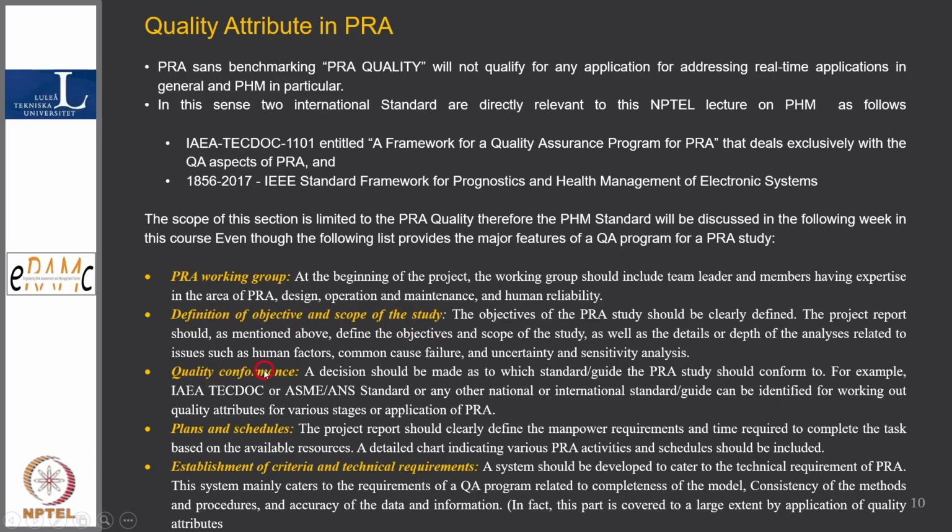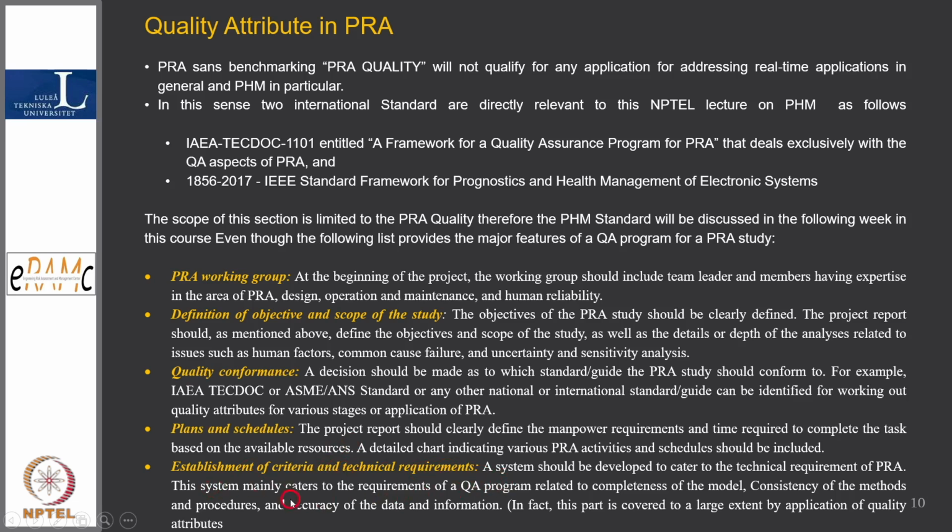Then quality conformance: how far the quality conformance program has been met for which system, which component. The IAEA tech doc and ASME tech doc which you saw in the previous slide are available. Plans and schedules, the schedule chart and all those things, form part of the quality of a PRA model. Establishment of criteria and technical requirements.